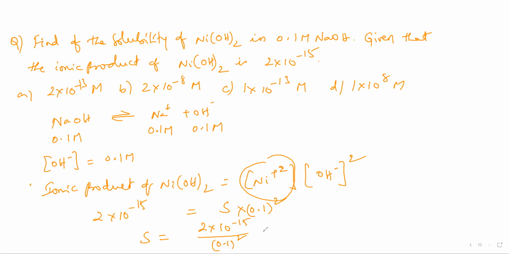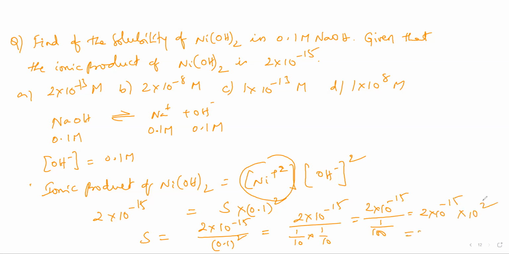Okay, and how to solve this? Final step: 2 into 10 power minus 15. 0.1 means 1 by 10, so 1 by 10 whole square, right? So you get 2 into 10 power minus 15 times 100. 100 becomes 10 square, isn't it?